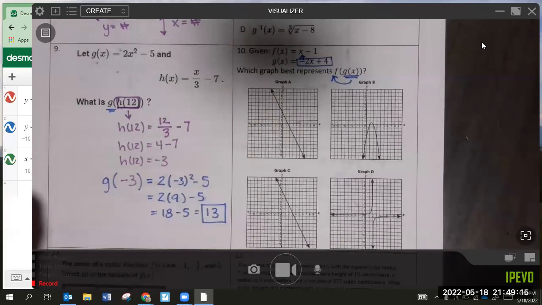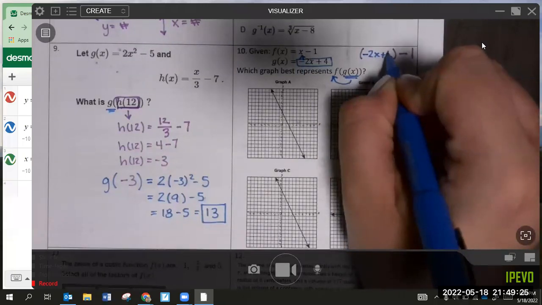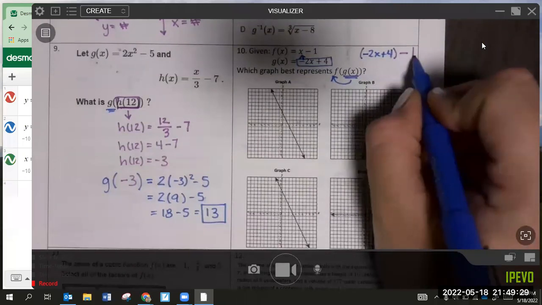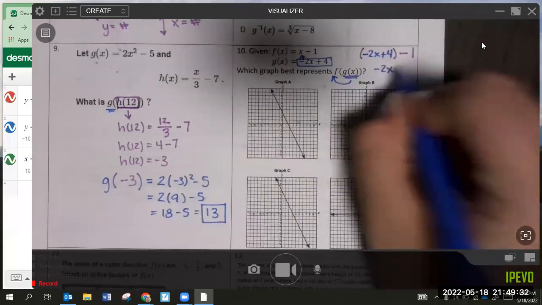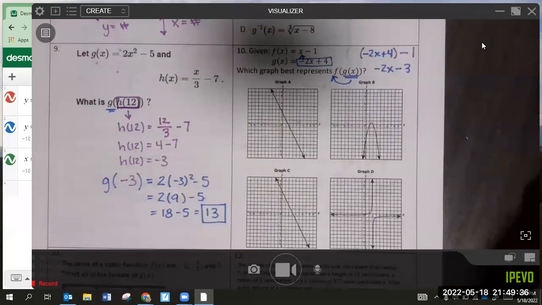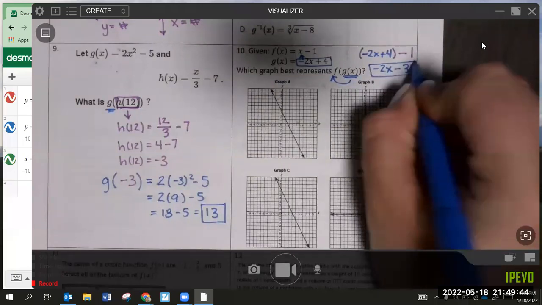So we've got our x minus 1, and what we're plugging in there is the g function. Okay, well now all we have to do is simplify. Combining like terms, -2x doesn't have any like terms, 4 minus 1 is a -3. And then all I need to figure out is which one of these graphs is the -2x minus 3.